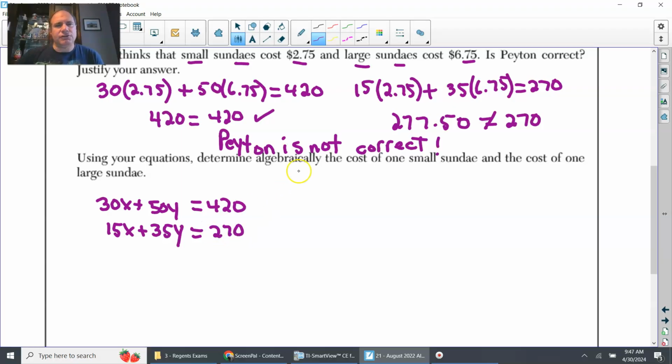You have to get one of these to cancel, and the easiest one is the x, because they go directly into each other.